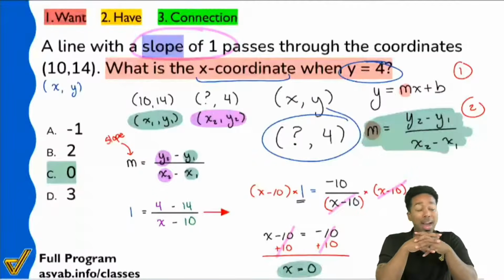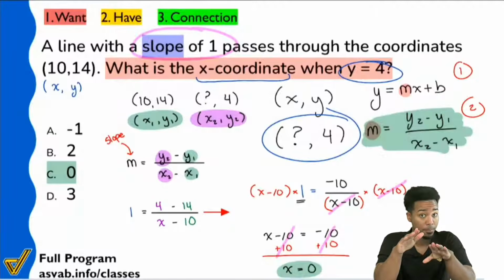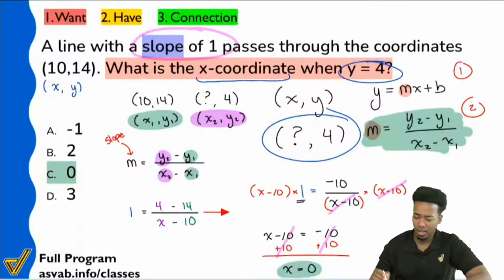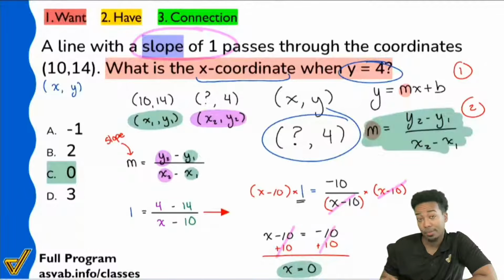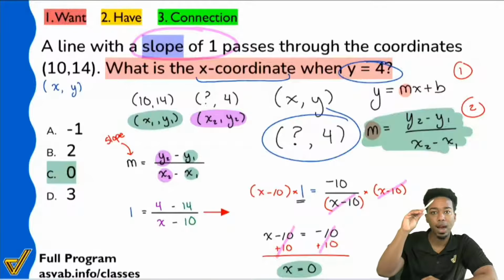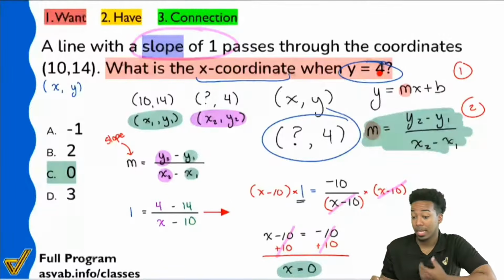And for those of you who have gone through your mental math work, if you know slope, you might actually be able to get this problem done without putting your pencil to paper at all. Here's what I mean. Again, this might be a little bit more of an advanced technique, but just listen up if you'd like to stay curious. What I noticed was that, hey, the slope is 1. So what that means is every time I go over by 1 on the x, I go up 1 on the y. If you look at where we were, 14 on the y, down to 4 on the y, that tells me that we went from 14 to 4.